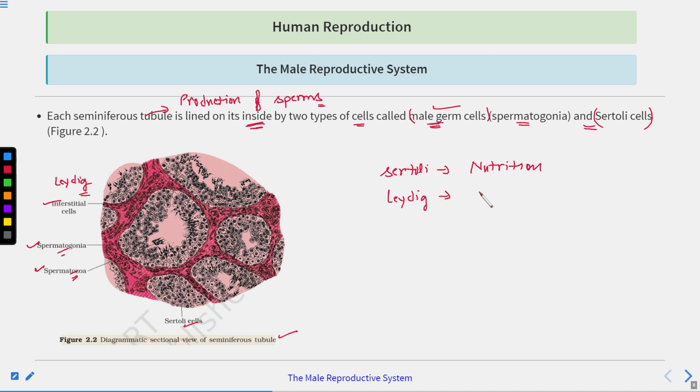They produce the male hormone. And what is the male hormone? It is testosterone. So they produce testosterone. Okay, clear?